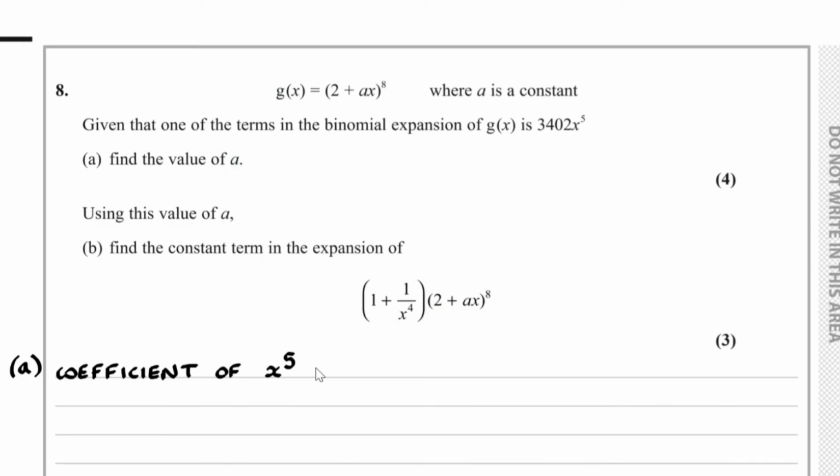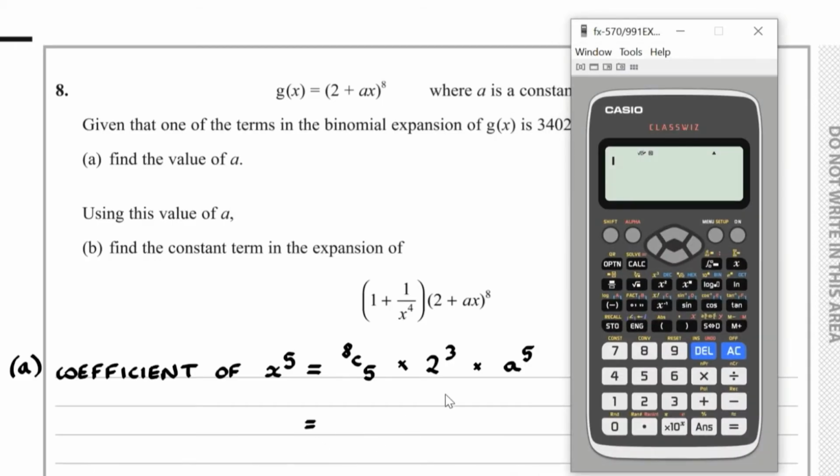So the coefficient of x to the 5 is equal to 8 choose 5 multiplied by 2 to the power of 3 multiplied by a to the power of 5.